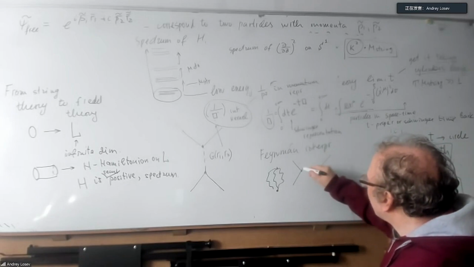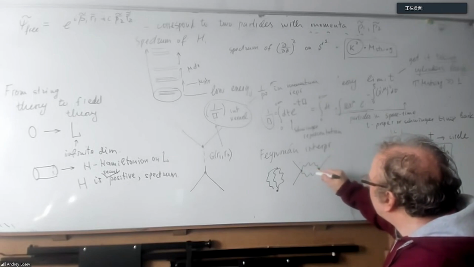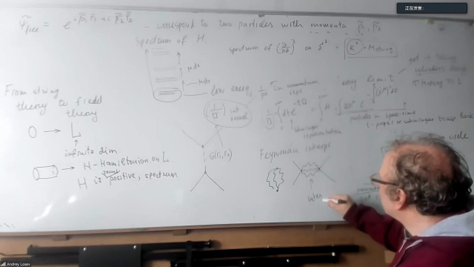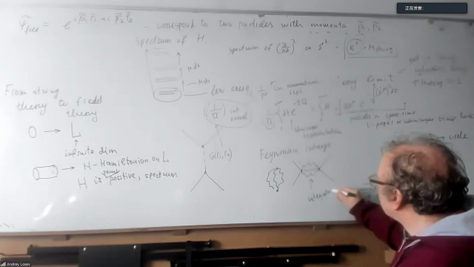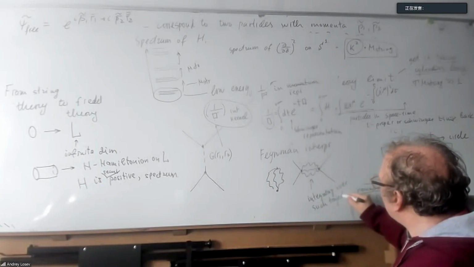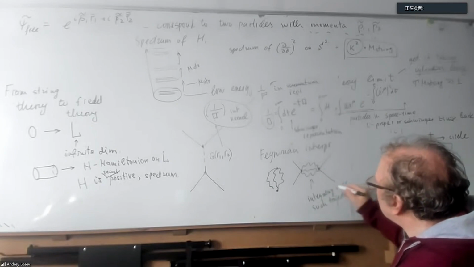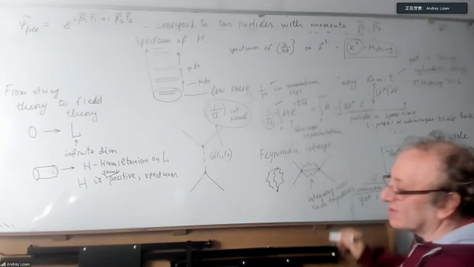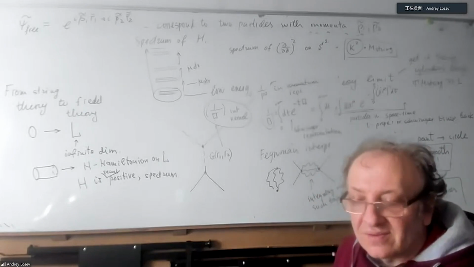Feynman says that we are integrating over such trajectories. So here the trajectory is a straight line and here it's wavy.